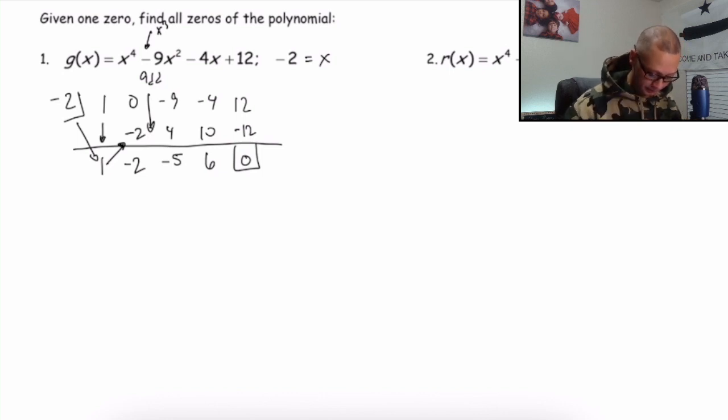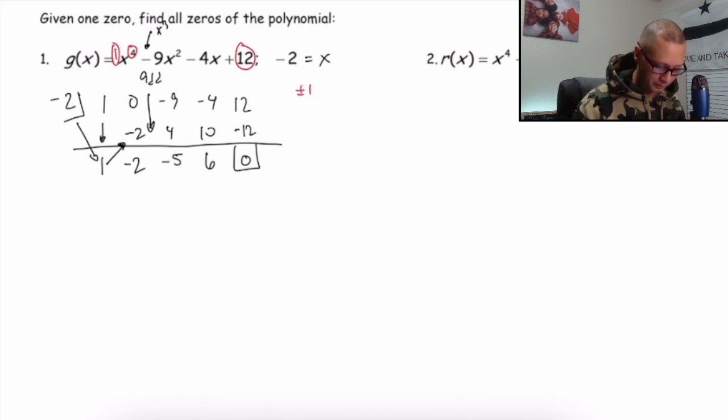All right, well, because this is a 4th degree, we know it's going to have 4 zeros. So we need to find 3 more. All right, this is going to take some trial and error, but from the rational zeros theorem, we know that if we take the factors of 12 divided by the factors of the leading coefficient, which in this case is 1, we can get a list of numbers, right?